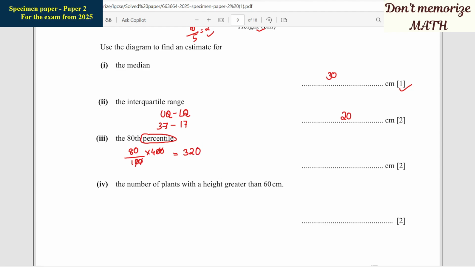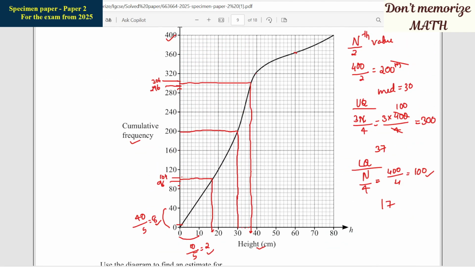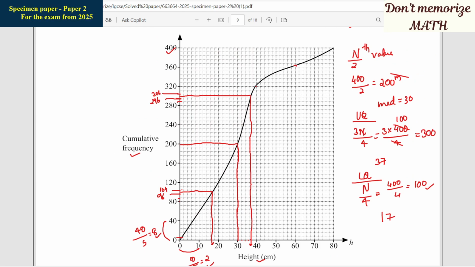Okay, so find the corresponding value from the x-axis to find the height for the 80th percentile. So we got 320. We have exactly 320. Thank God. So from there, use a ruler and pencil and draw a line. See here, it is not touching the dotted line.